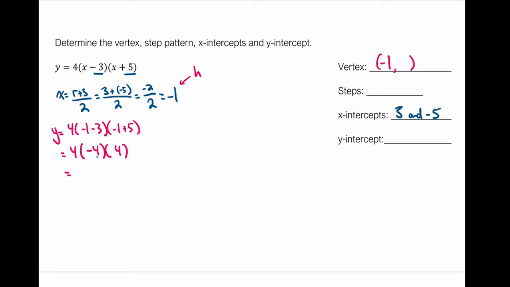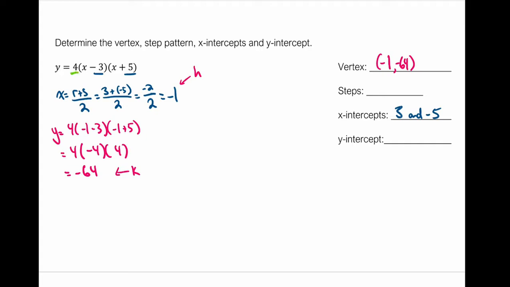I have negative 16, and then negative 16 times 4 is negative 64. So that means my k value, or the y value of my vertex, is negative 64. So I know the vertex for this equation, or this parabola, is going to be (negative 1, negative 64).